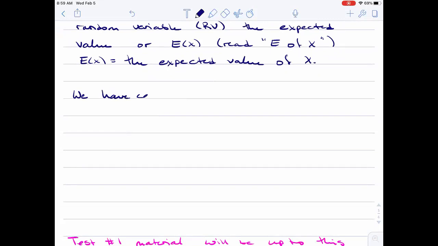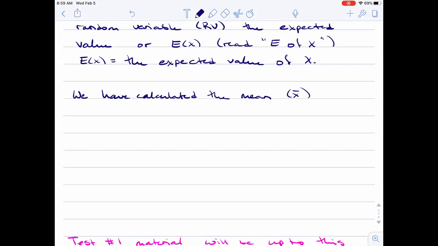And so we have calculated the mean, and called it X bar. We could also call it E of X, that's not wrong, but usually we just call it X bar.